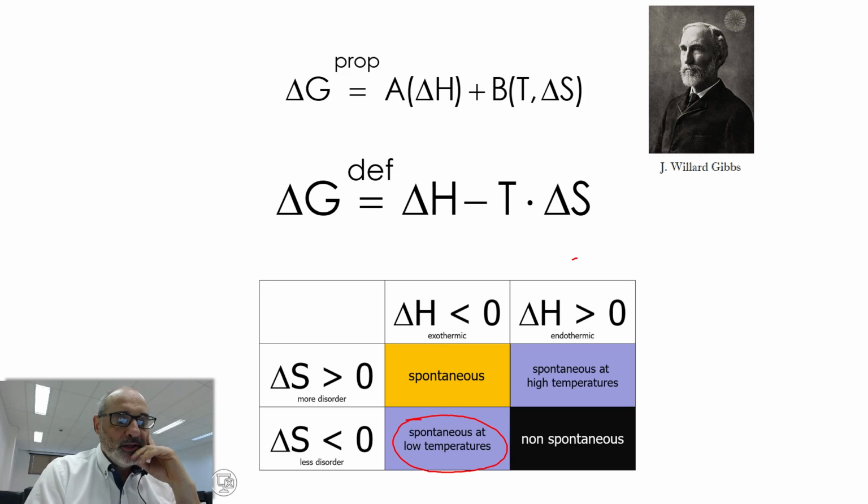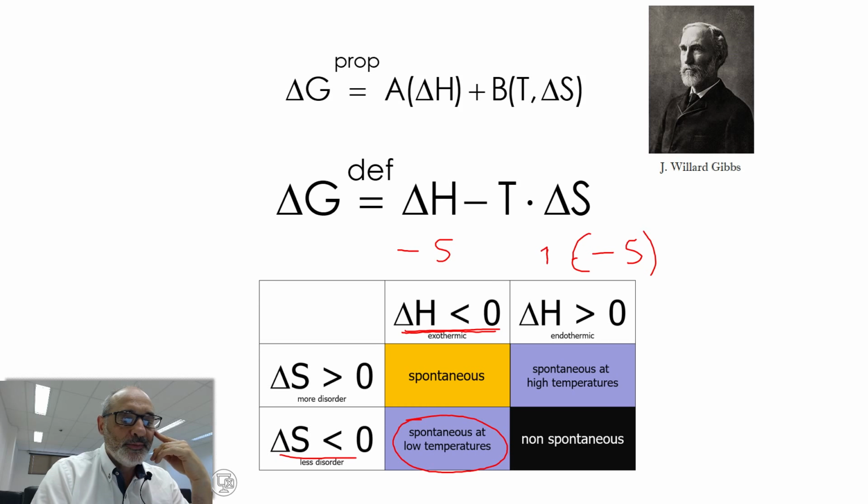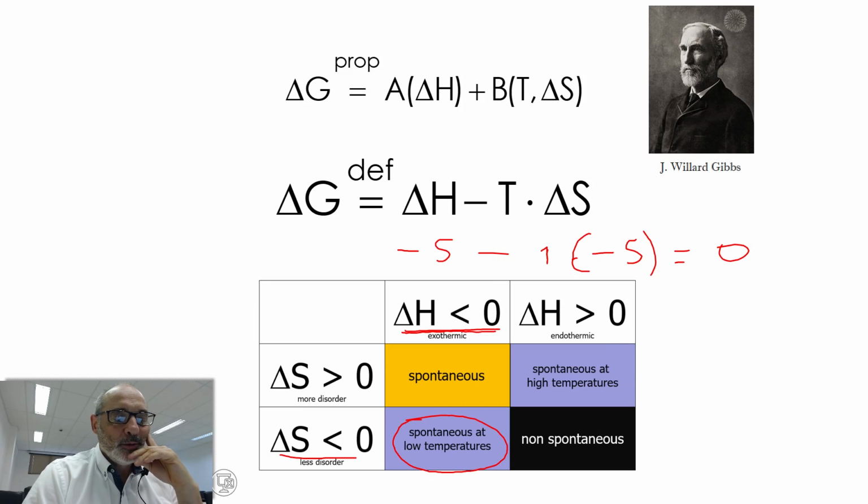In this situation, delta H is negative and delta S is also negative. So here I have minus 5, and suppose the temperature is 1. So now we have minus 5 plus 5, I have 0. So 0 means equilibrium, we're on the verge.